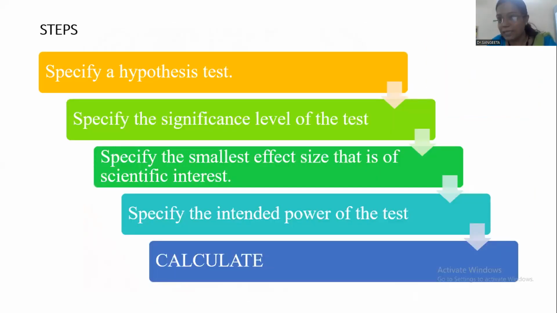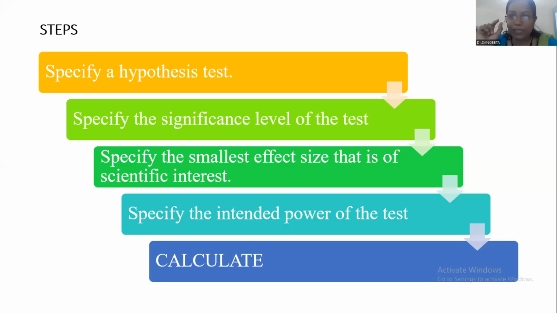What are the steps of calculating the sample size for a particular study design? These are the major steps: you have to specify the hypothesis, you have to specify the significance level.